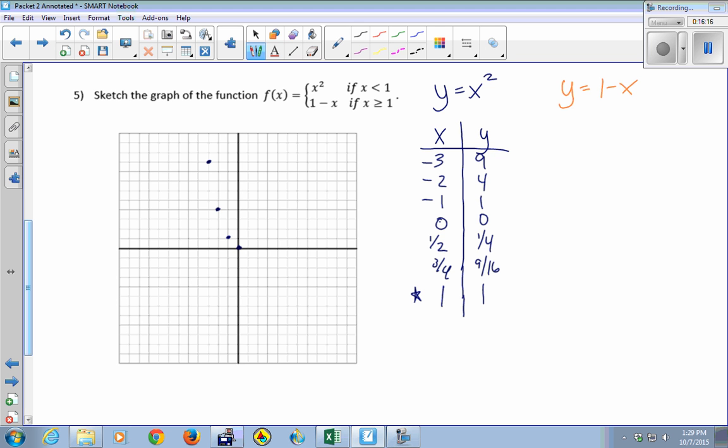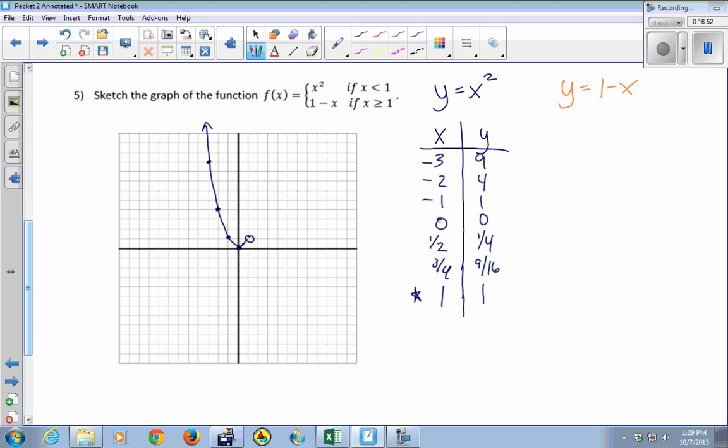And then I get a half, a fourth, 3/4, 9/16, which is a little bigger, and then 1, 1, but that's not included, so I put an open circle. So if I connect those with a nice smooth curve, it just looks like that. And some of you might remember that graph from a previous class, a parabola, right? So there's my picture of y equals x squared only on the domain that I told you to graph it, only for x smaller than 1.